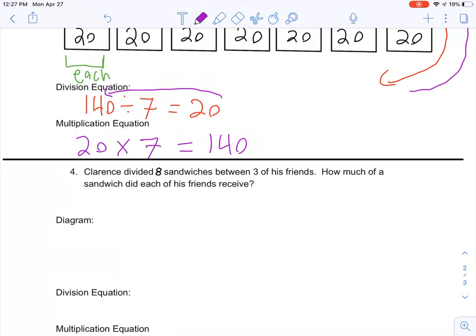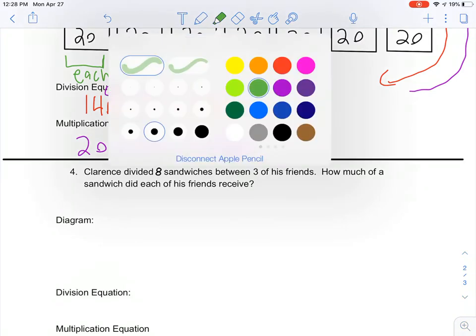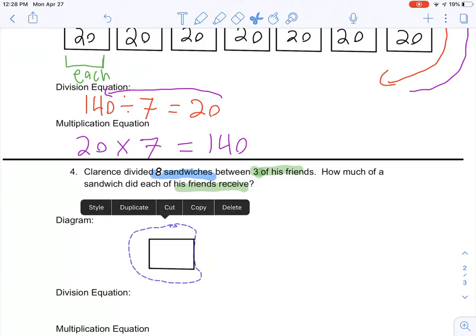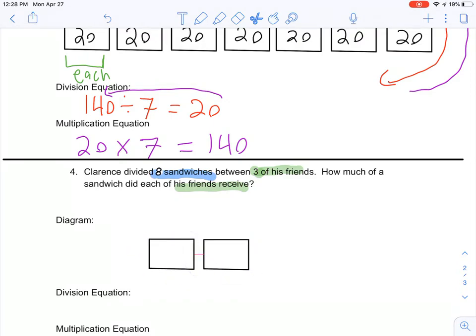In this next one, we're going to have to do some fractional lengths, and you're going to find out why soon. Let's go ahead and read this question. Clarence divided 8 sandwiches between 3 friends. How much of a sandwich did each of his friends receive? So this time, his groups are 3 friends: 1 friend, 2 friends, 3 friends.